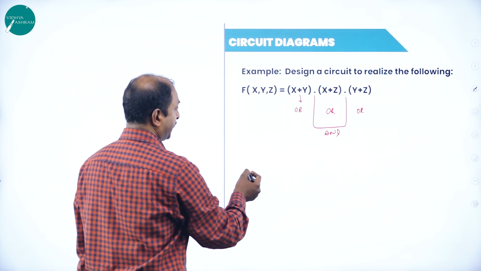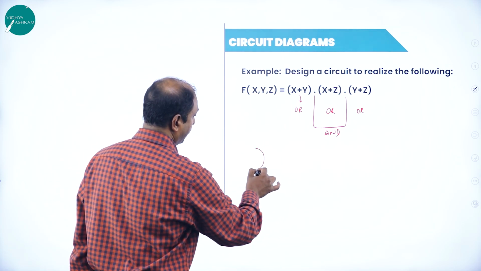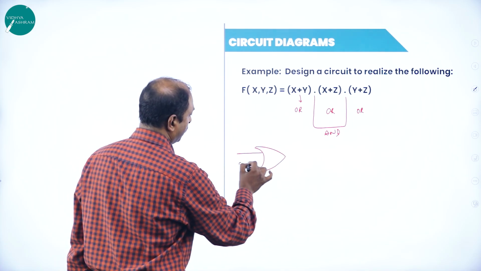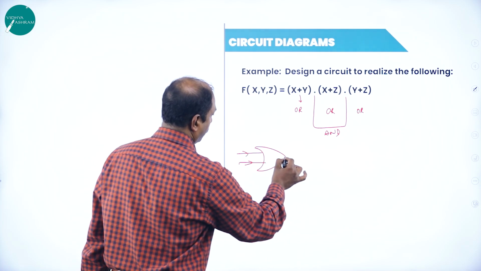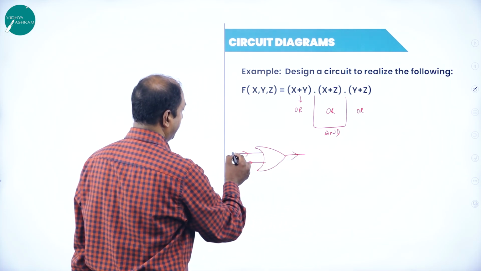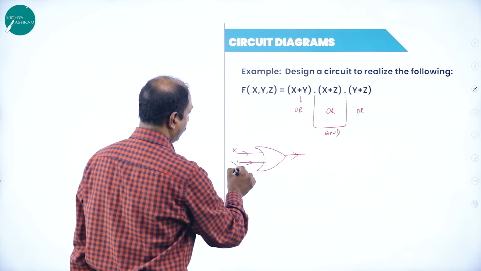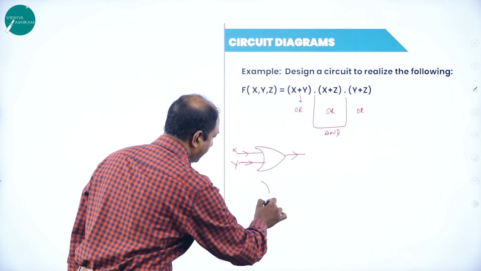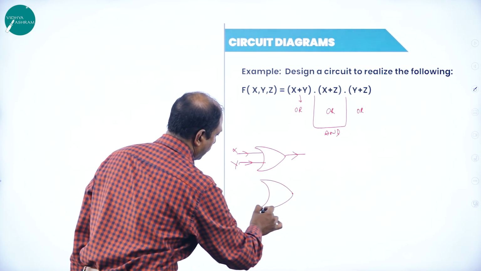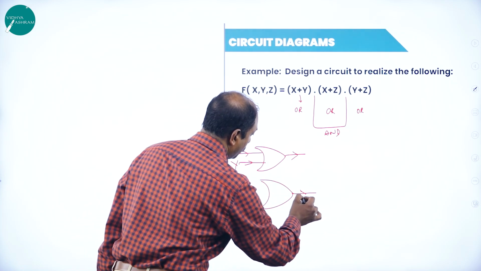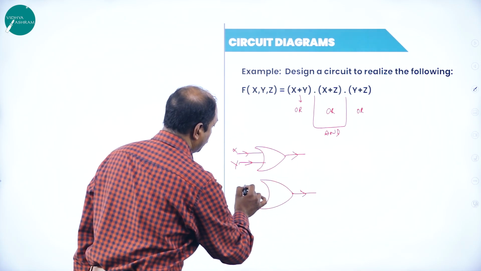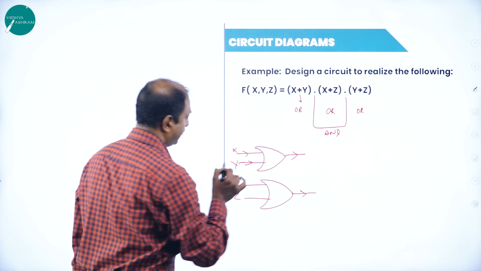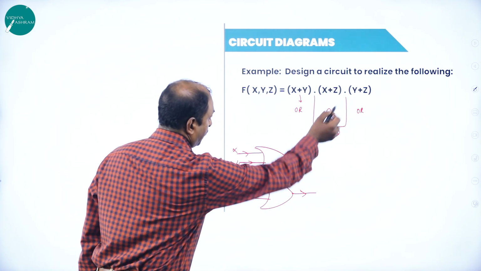This is x plus y, an OR gate. This is how we write an OR gate: two inputs, one output, with inputs x and y. Here is one more OR gate with inputs x and z, for x plus z.